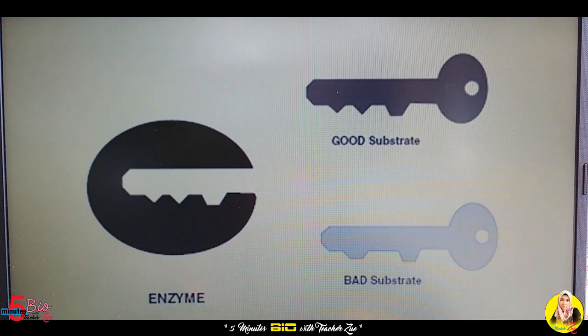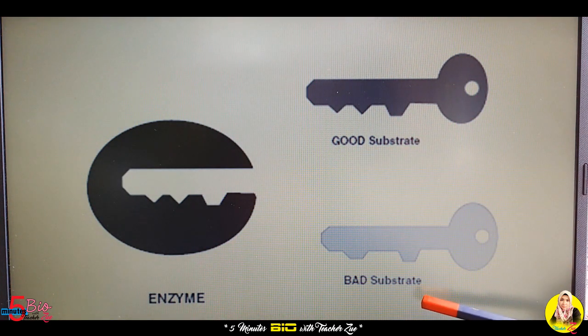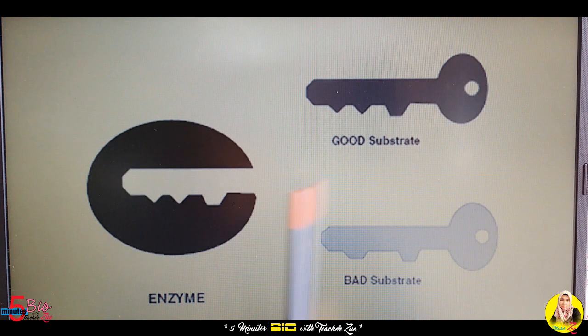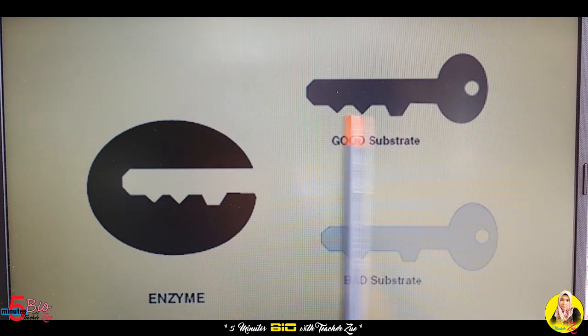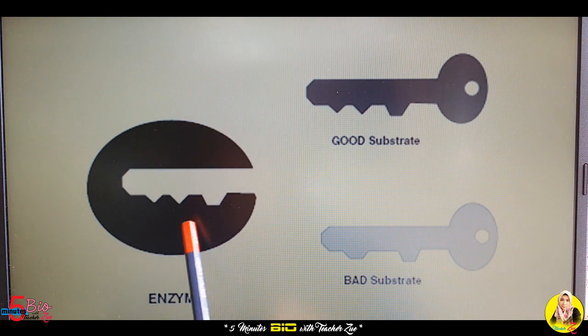Now we have an enzyme here and two keys, a good substrate and a bad substrate. Which one is suitable for the enzyme? The good substrate, because its shape is suitable to the active site of this enzyme. This one cannot.